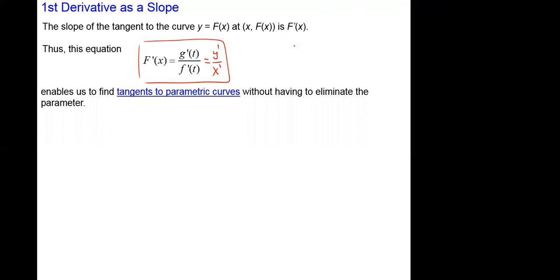Because this is my derivative, and a derivative is a fraction, a fraction is 0 if the top is 0. That means in order to find the horizontal tangent, I will just solve this equation.